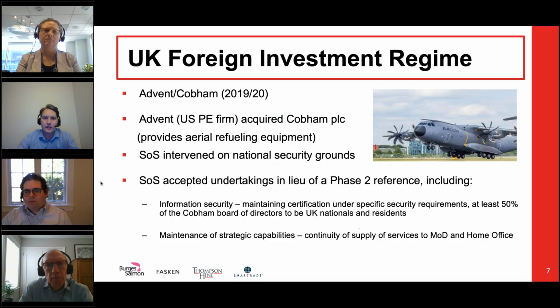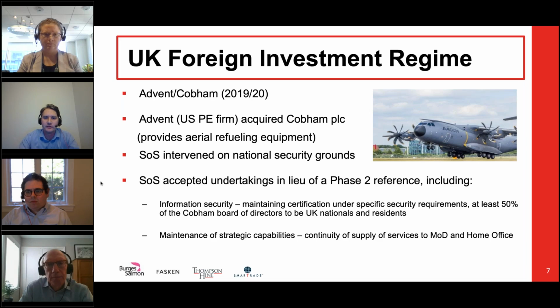Turning to the next slide, it's worth mentioning that the last significant intervention by the Secretary of State under the existing regime was the Advent Cobham transaction, which is actually a transaction we worked on. And part of Cobham's activities include the provision of advanced mid-air refueling equipment for military aircraft.